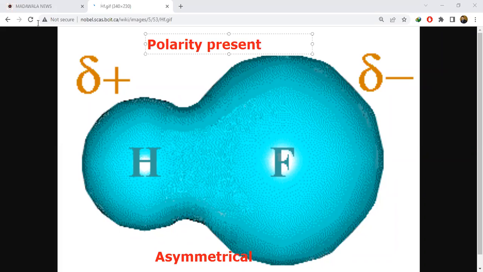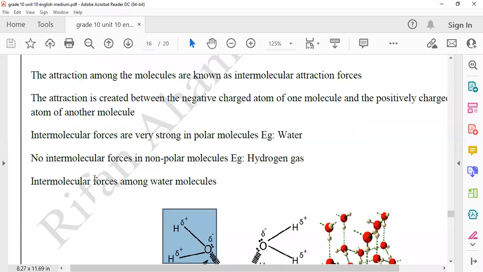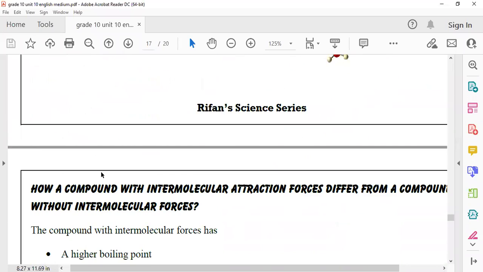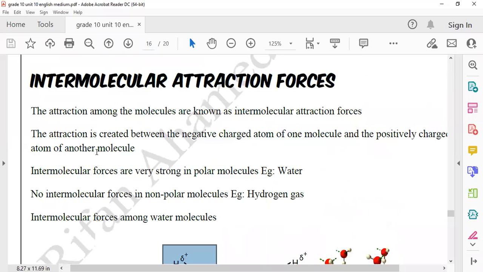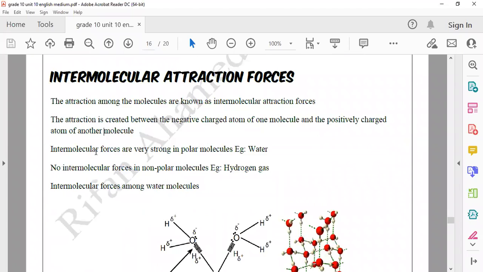Now, why this explanation? In your textbook, they will just touch and go. Now see what they have told. Symmetrical, asymmetrical story.